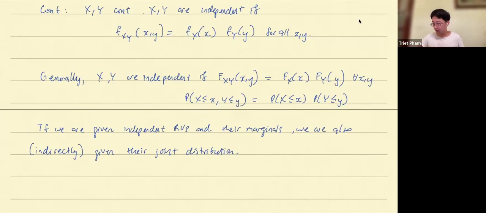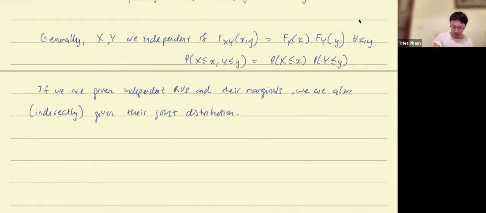So let's see how this works. For example, let's look at question 6.10. You have e to the minus x plus y.